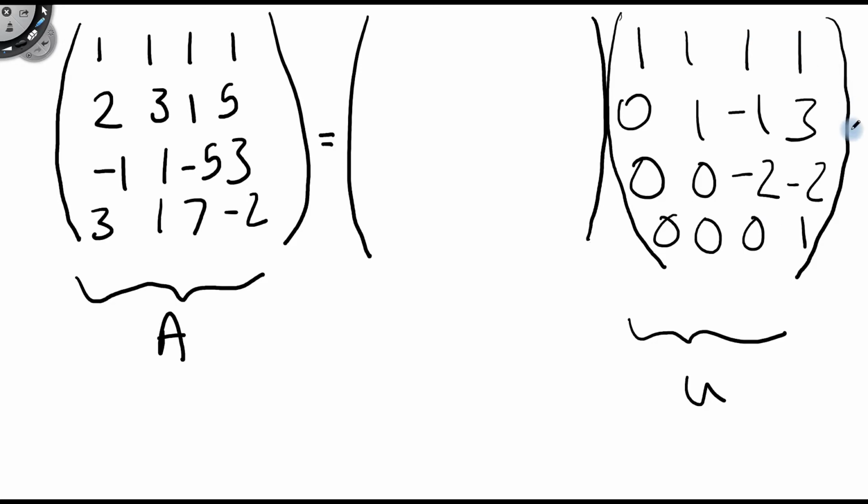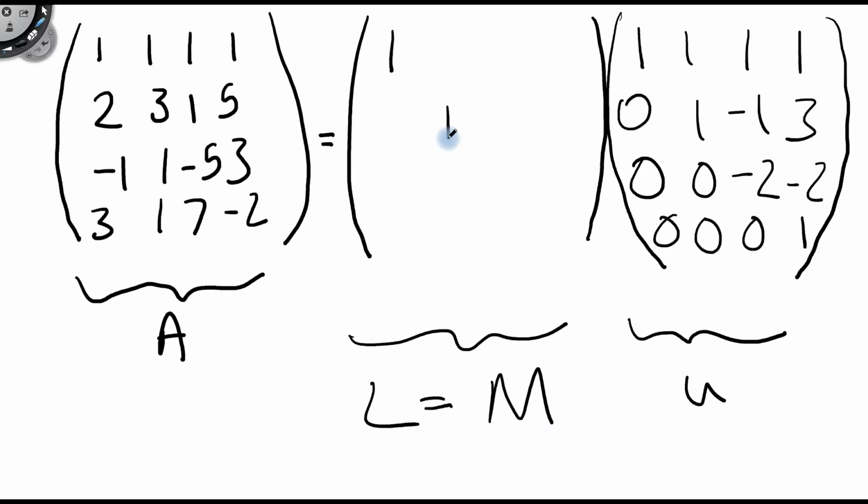Okay, so that's U. But what about this other matrix, A_L? Actually, I'm going to equate that to M, which was our matrix of multipliers. The thing about the A_L matrix is that it's lower triangular, so it has zeros up here.